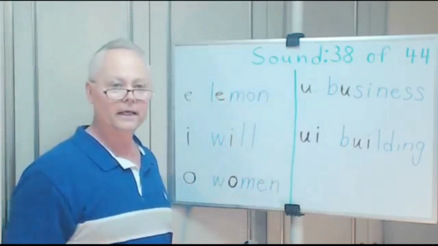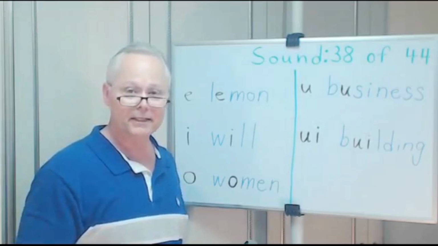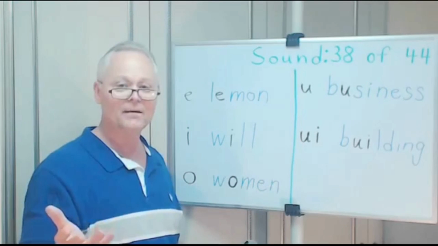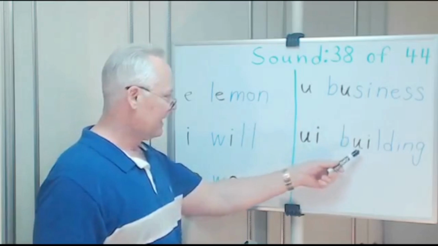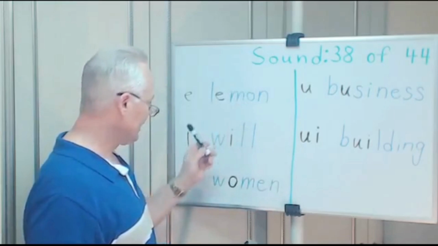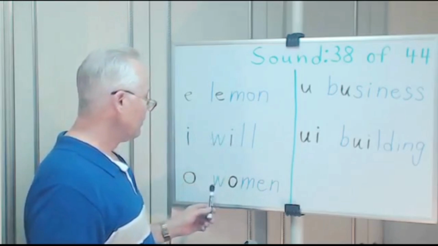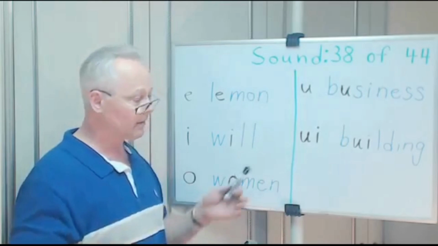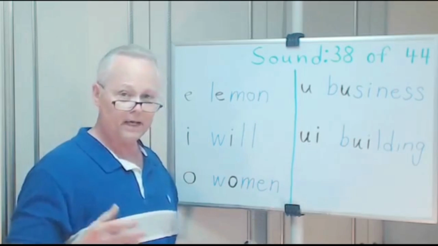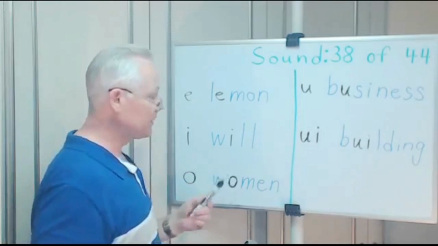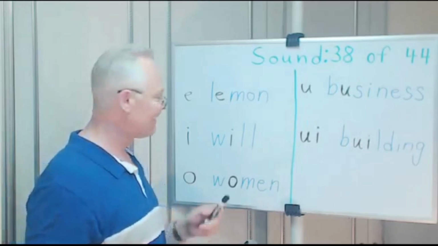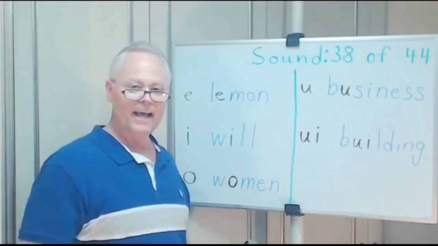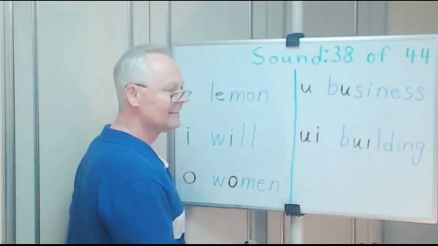I am standing in a 15-story building right now as I make this video. Building. Lemon, will, women. I'm guessing you know what a woman is. A man, a woman. Man is male, woman is female. More than one woman, women. Okay, women, business, and building. And that concludes this lesson.